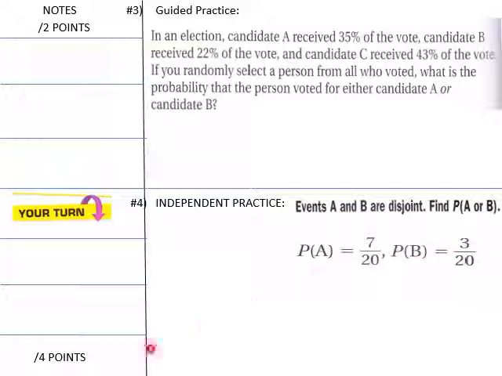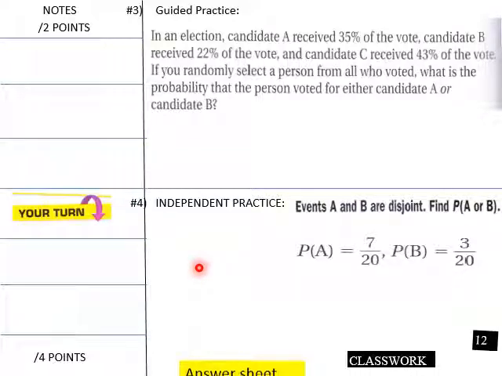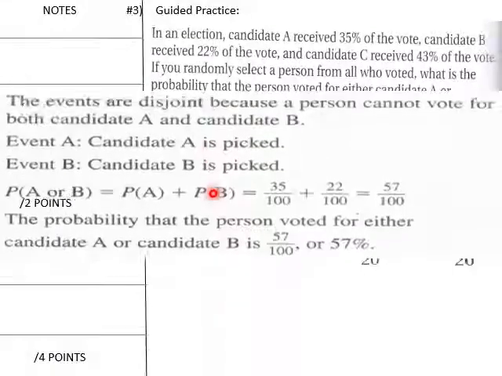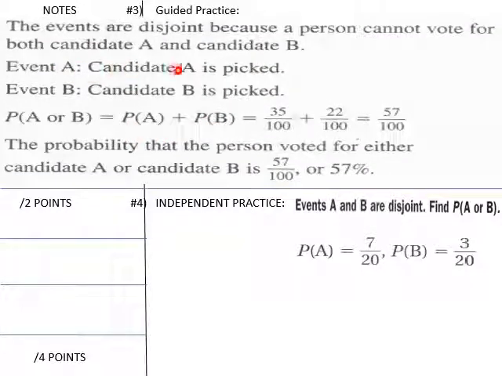Find the probability of A or B. So we're going to continue up here with our guided practice. Candidate A is picked, candidate B is picked. So we add those together and we get 57 over 100. The probability that the person voted for either A or B is 57%.